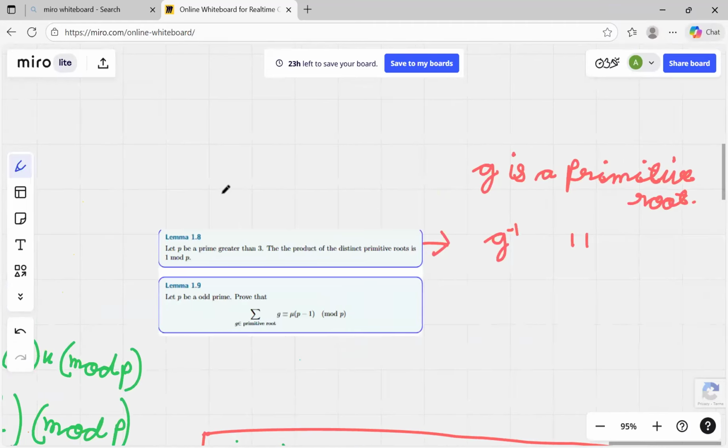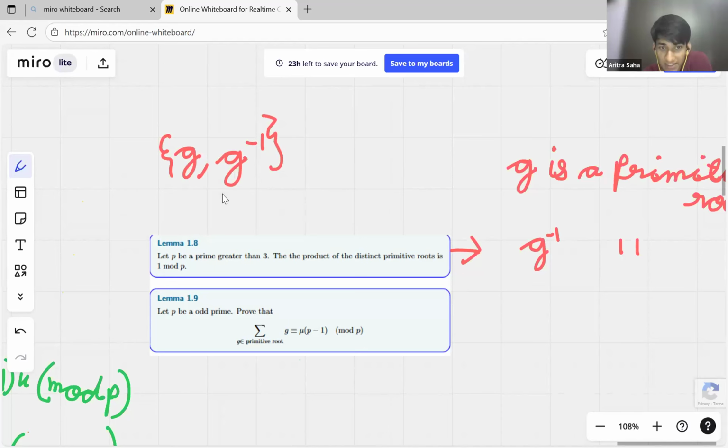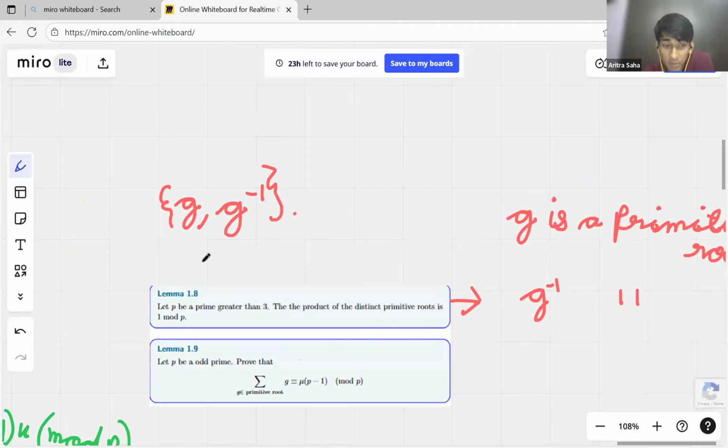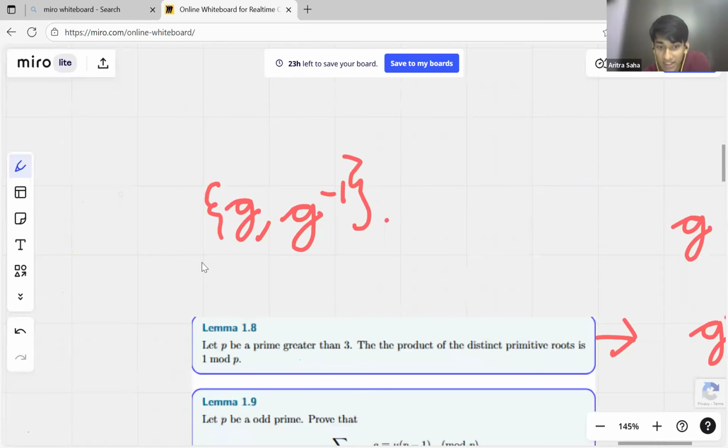And G to the K and G to the minus 1 to the K are inverses, so G to the K is 1 mod P if and only if G to the minus 1 to the K is 1 mod P. Therefore we can make sets G, G to the power -1 for all things. And if we just make a product of them, try to think why the condition did not hold for 3 and only holds for P greater than 3.